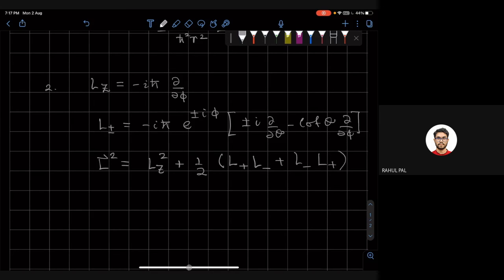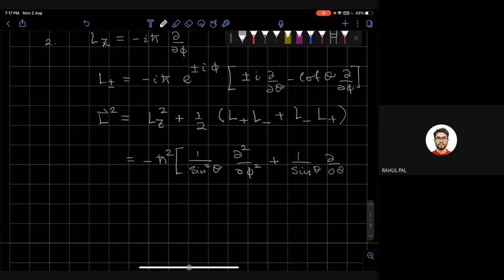Okay, and if you do the algebra, it just becomes minus h squared within brackets 1 over sine squared theta del squared by del phi squared plus 1 over sine theta del by del theta times sine theta del by del theta. Okay, so there is no explicit dependence on phi. I mean, there's a phi derivative, but the coefficients don't depend on phi. So these formulae will be useful.